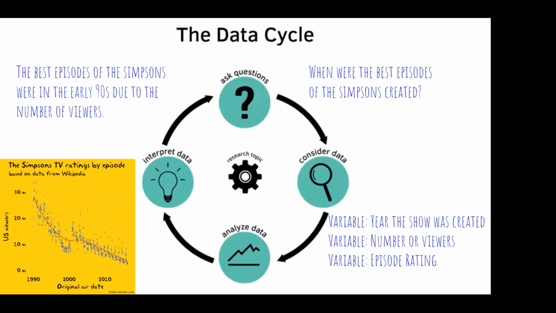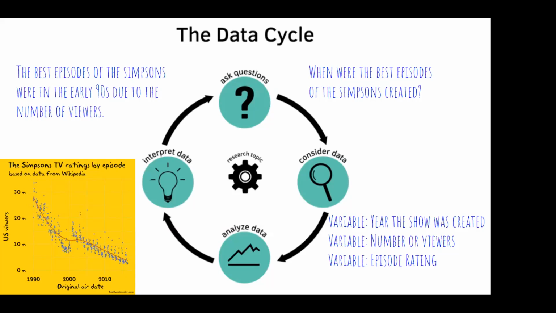So with this question about The Simpsons, when were the best episodes of The Simpsons created? This question is automatically a statistical question because the question itself prompts you to look at all of the episodes of The Simpsons from the day it started to current, just by how the question is framed. Instead of limiting it and saying, what's the best episode in season 8 of The Simpsons?